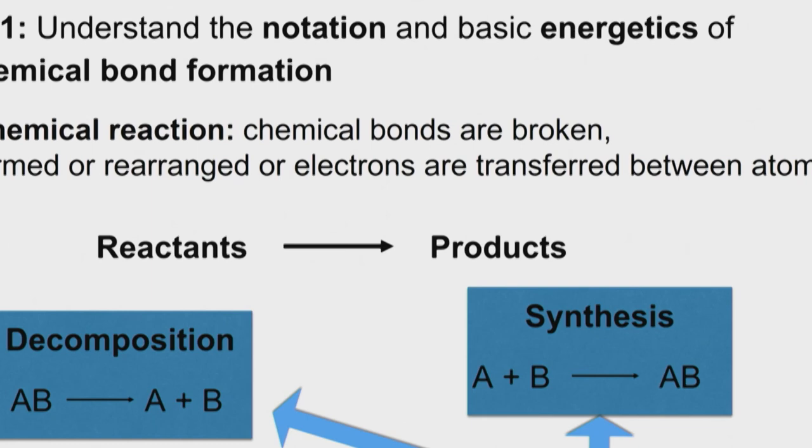A decomposition reaction is when we start with one compound and it breaks apart into individual components. So a decomposition starts with AB, and that's going to decompose into A plus B. That is in direct opposition to a synthesis reaction, which is just the reverse of that. That's starting with an A and adding a B, and then the product is going to be AB together.